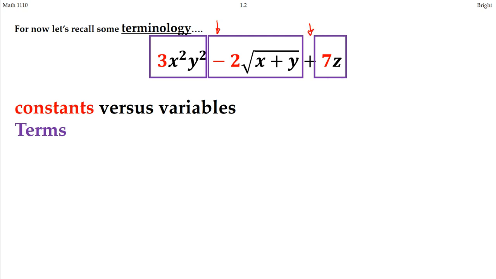Technically you can look at the subtraction as a negative as well, so you could say plus -2. Doesn't much matter. But the addition and subtraction do separate this expression into different terms, and we talk about this as the first term, the second term, and the third term.